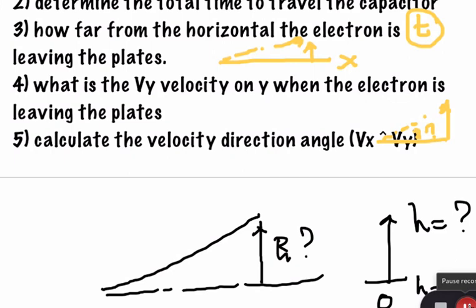On question number 3, we have to determine the distance h, because this is moving in this direction and leaving from there. What the question says is, what is this distance? Let's call this h here.